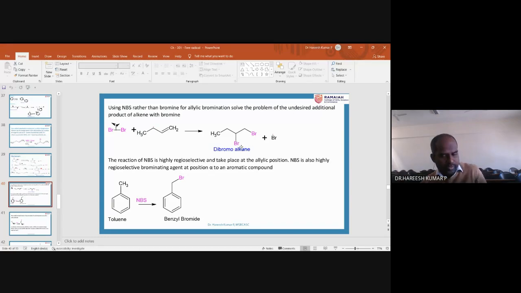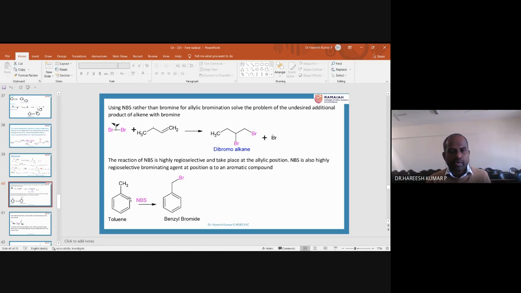And similarly, suppose N-bromosuccinimide is treated with toluene. You can observe that this carbon is a benzene carbon, and whatever C-H bond is present on this carbon is a vinylic hydrogen. Vinylic hydrogen means the hydrogen which is directly attached to the double bond.